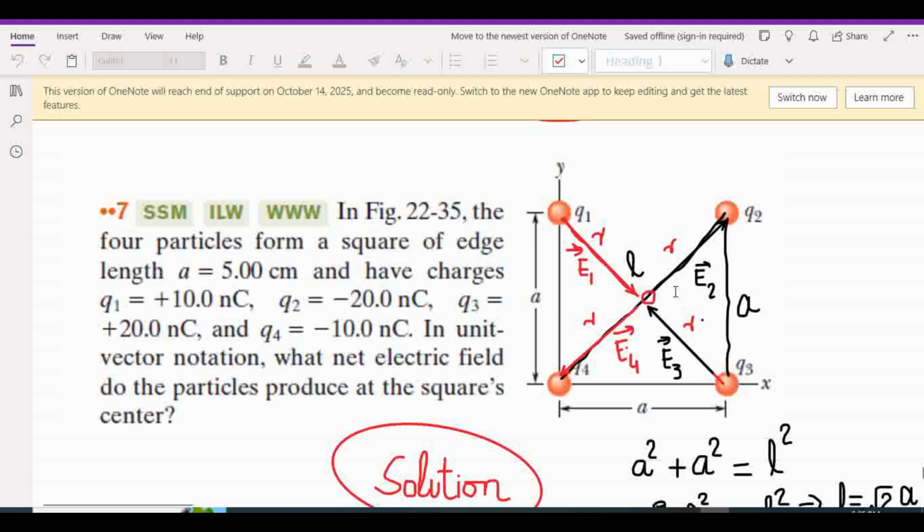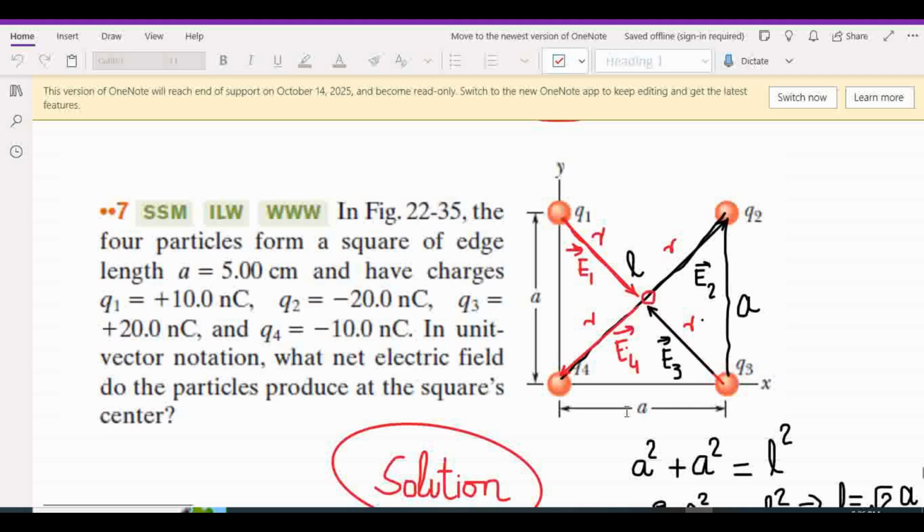Now each side length is a, therefore if we form a right triangle here, with Q4, Q3 and Q2 taken as the vertices of the triangle, then this side is a, this side is a, and the angle here is 90 degrees, so this is the hypotenuse, this is the base, and this is the perpendicular.